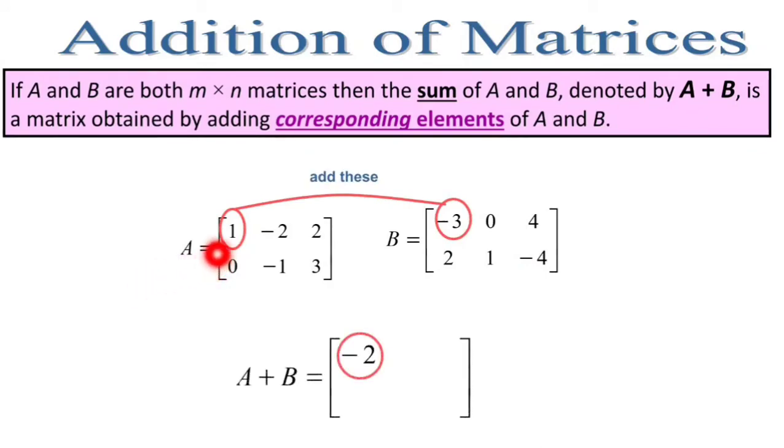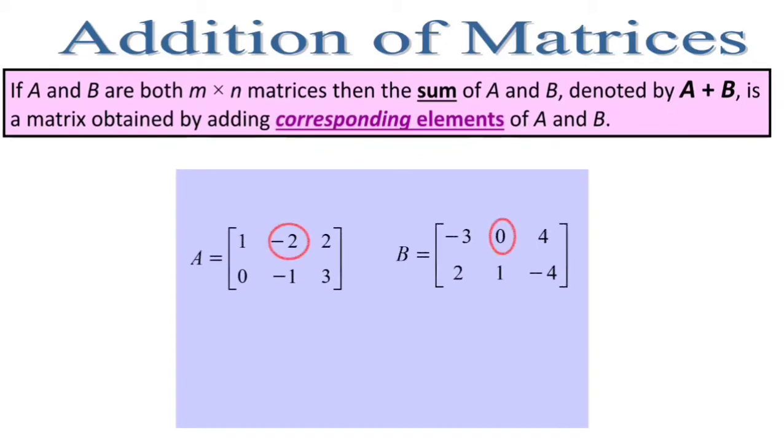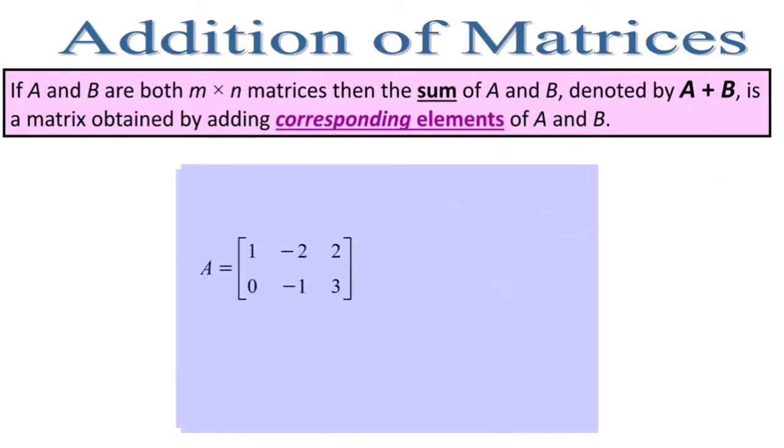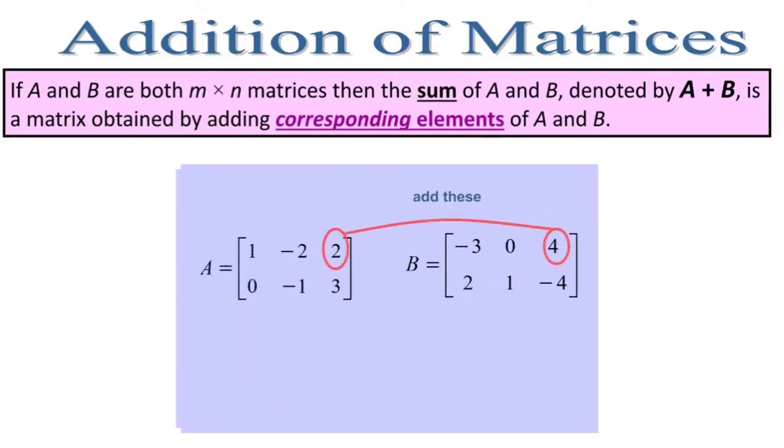the addition of corresponding elements of A and B. Means the first element of the first matrix is added with the first element of the second matrix B. That is 1 plus minus 3, it becomes minus 2. Then minus 2 plus 0, it becomes minus 2. Again it is 2 and 4, adding these two elements, 2 plus 4 is equal to 6.